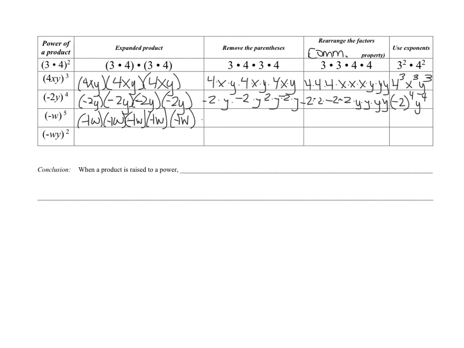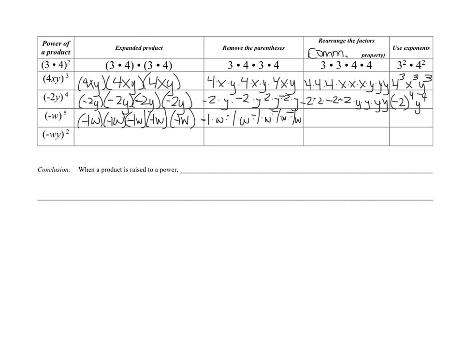So really, if I rewrite it, this is like saying negative 1 times w times negative 1 times w times negative 1 times w times negative 1 times w times 1 more negative 1 times w.